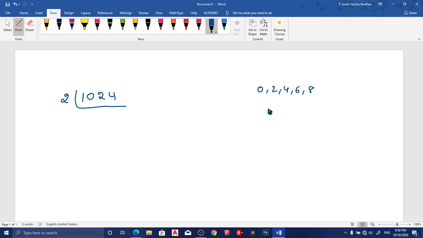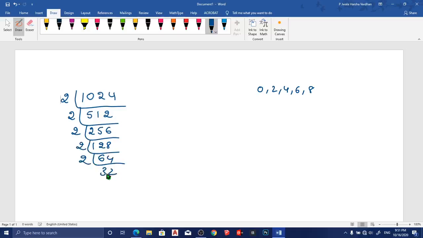So you can start with 2. 2 5s are 10, 2 1s are 2, 2 2s are 4, so 512. 2 256s, 2 128s, 2 64s, 2 32s, 2 16s, 2 8s, 2 4s, 2 2s.